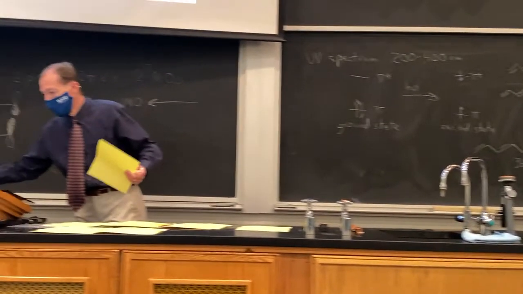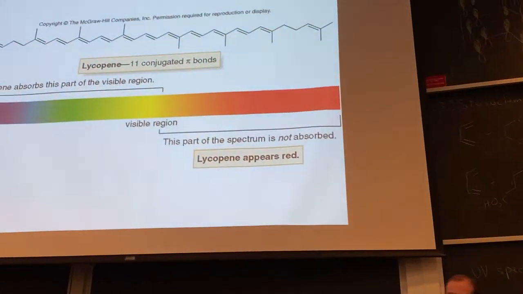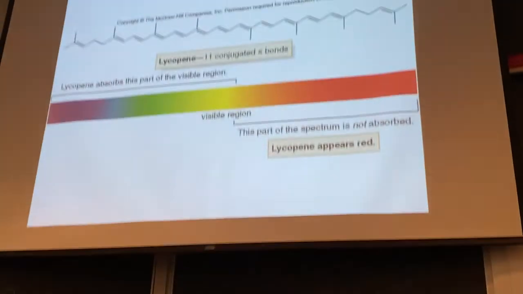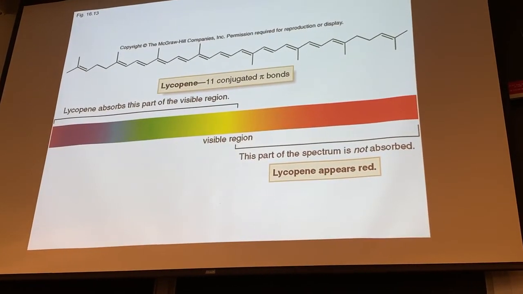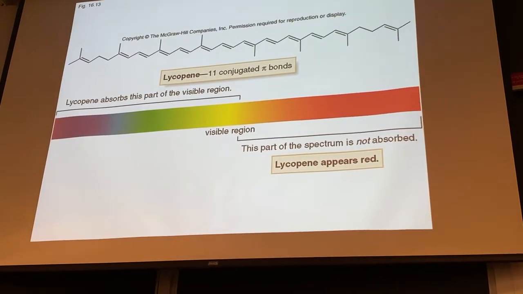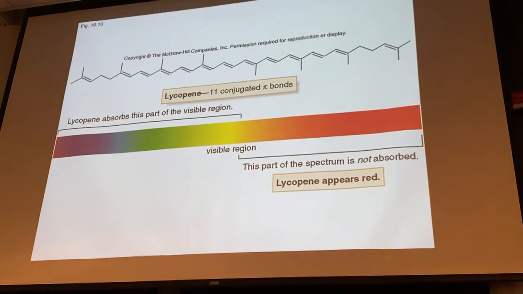So let's take a look at a molecule on the screen here, lycopene, 11 conjugated pi bonds. When you get to 11 conjugated pi bonds, now you've shrunk that gap between the HOMO and the LUMO enough that the molecule will absorb visible light, not just UV light.